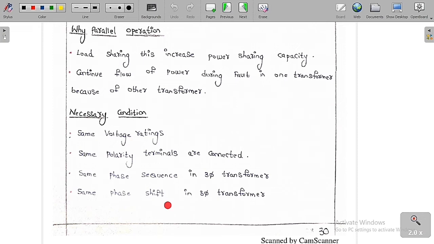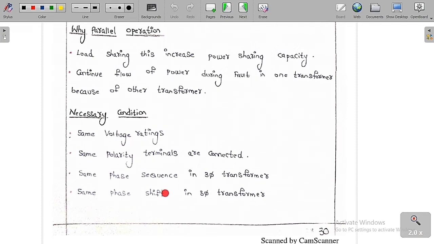So therefore we can say it simply. Listen carefully: same voltage ratings, same polarity terminals connected for primary and secondary, same phase sequence in three-phase transformers, and same phase shift in three-phase transformers. These are the four necessary conditions you should always satisfy before connecting a load to the parallel operation of transformers.